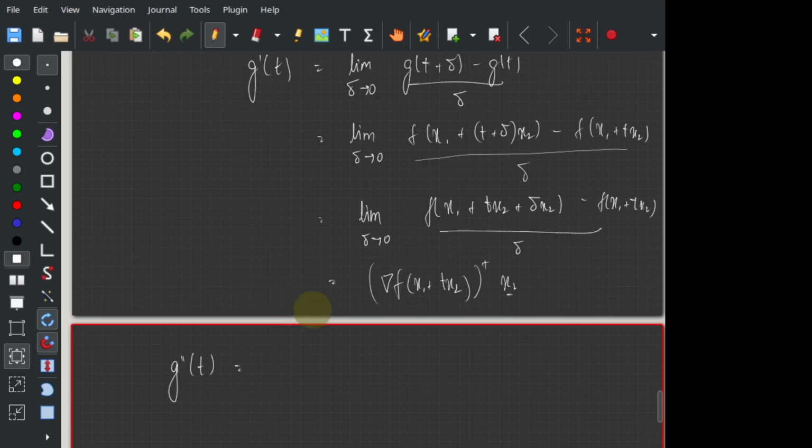It's the limit as delta tends to 0 of g prime of t plus delta minus g prime of t divided by delta.